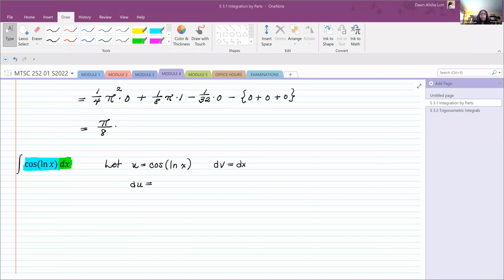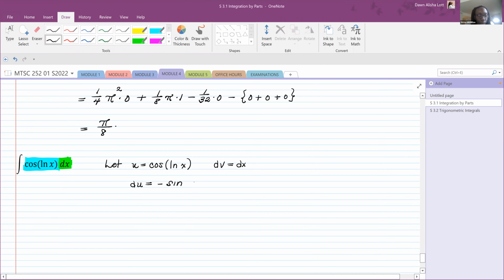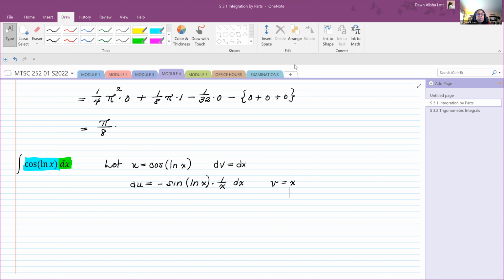Okay, that sounds good to me. We have to take the derivative of the outside function, which is negative sine of the natural log of x, times the derivative of the inside function, which is 1 over x dx. And then v is just x. Good. Thank you, Celine.